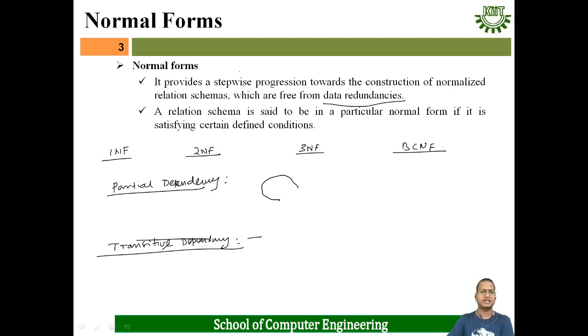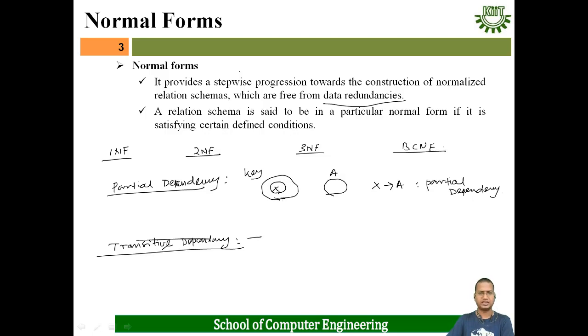Suppose this is the set of key, and inside that X is a part of the key, and suppose this is the set of non-key, A. Then we can say X determining A is a partial dependency.